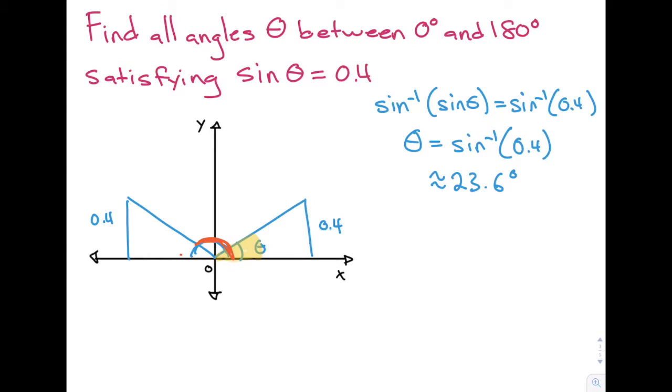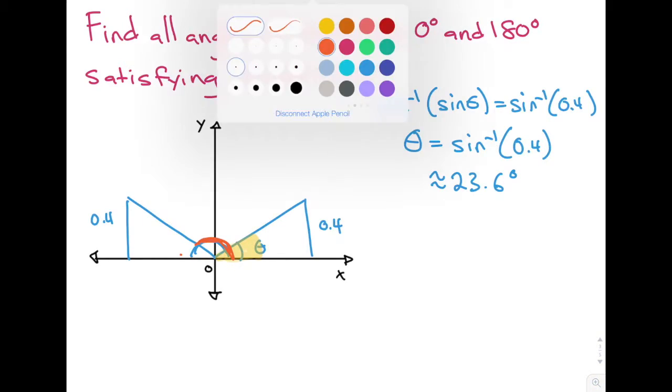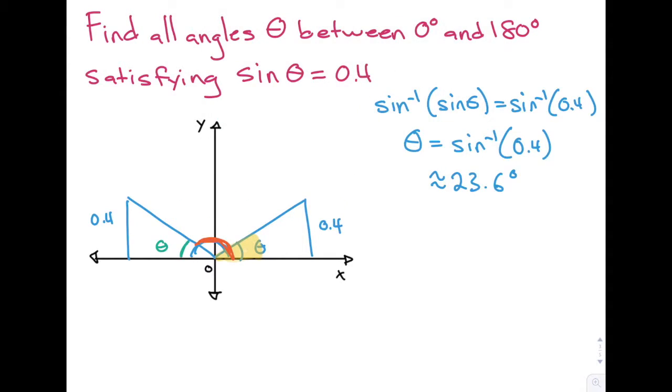Well, that one's pretty easy, because 23.6 would be our reference angle, theta bar, and then the orange angle would just be 180 degrees minus 23.6 degrees, which equals 156.4 degrees.